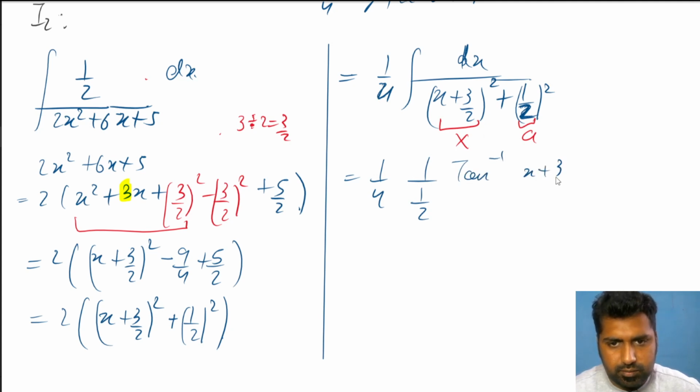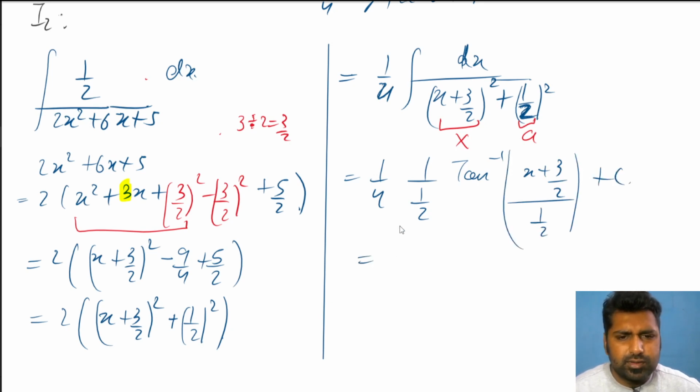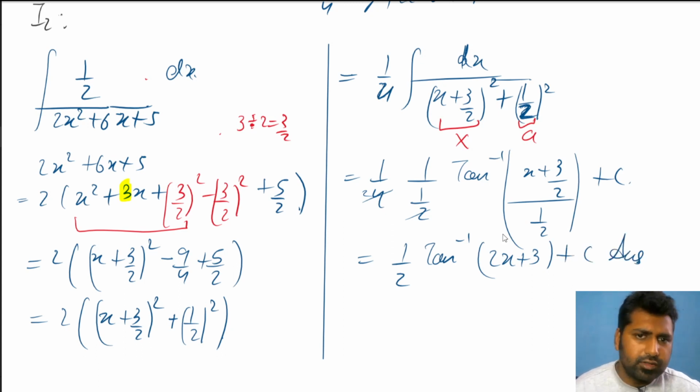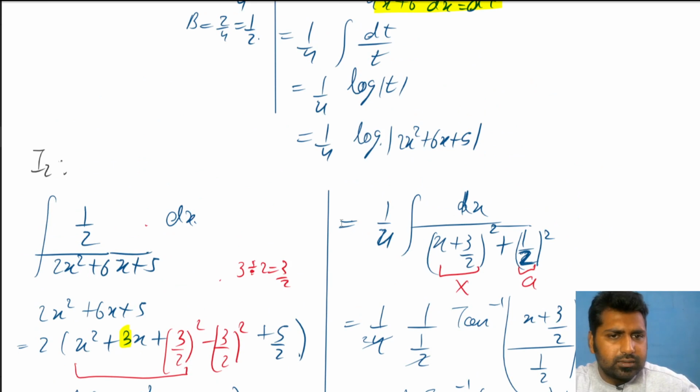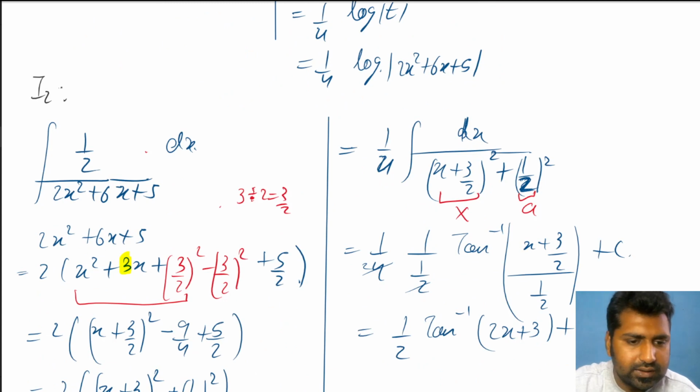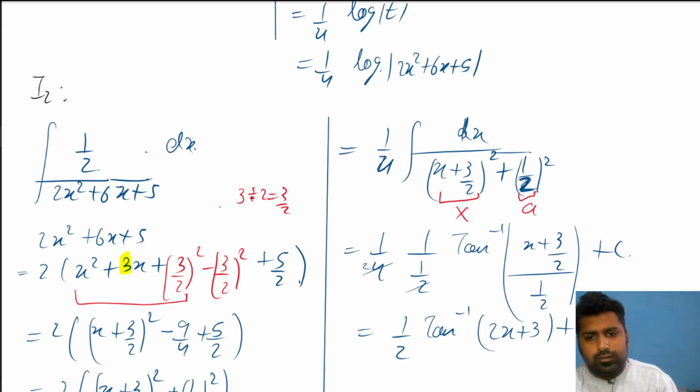X is x plus 3 by 2 upon a is 1 by 2, plus c. Solve this further, cancelling this, you get 1 by 2 tan inverse. This becomes 2x plus 3, 1 by 2 cancels, plus c, and that's your answer of I2. So you have your I1 result, you have your I2 result, combine them together in addition, that's your final result. Okay, so lengthy answer, but yes, that's it. All right, done.